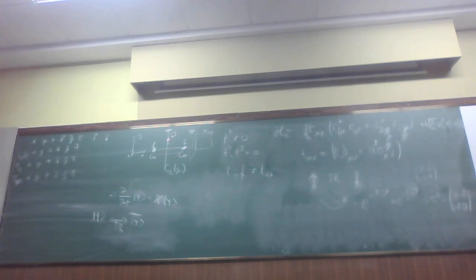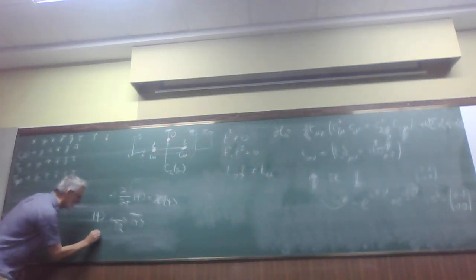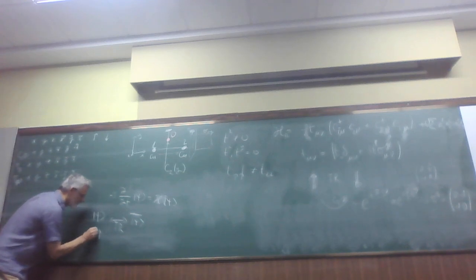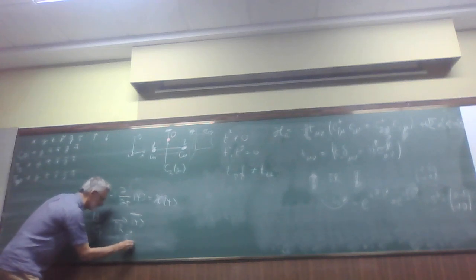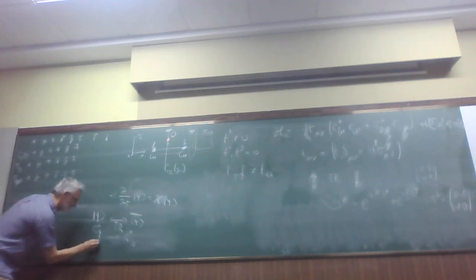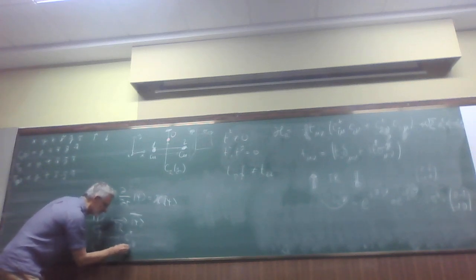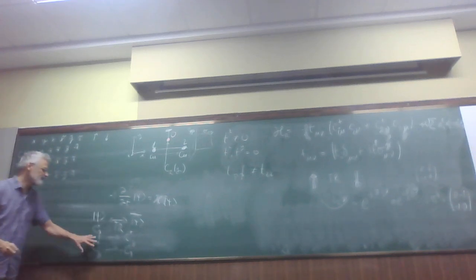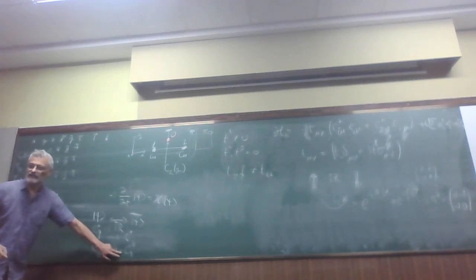So time reversal for spin 1/2: C dagger up will become C dagger down, and C dagger down will become minus C dagger up. This is what time reversal does for spin 1/2 particles. There is this extra minus sign here that is very important.